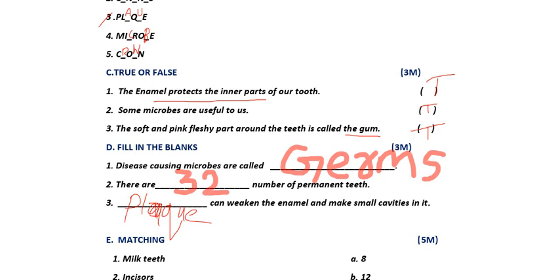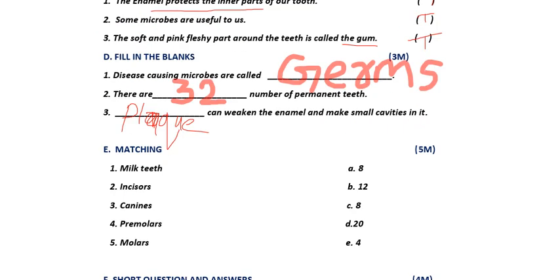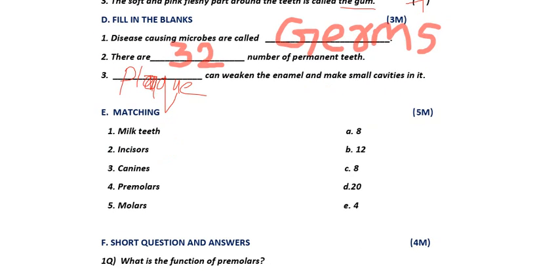Next bit. Match the following. First, milk teeth, how many are there? They are asking how many milk teeth are there. 20. Milk teeth or temporary teeth, both are the same, I told. Next one, incisors.